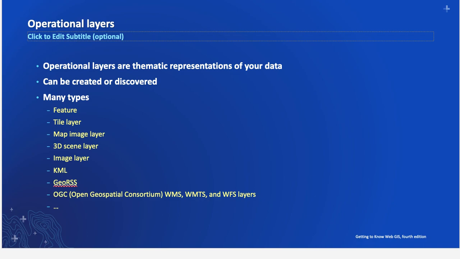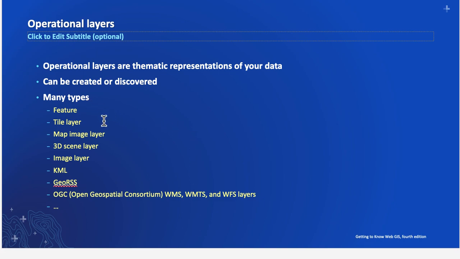And operational layers are thematic representations of your data. They can be created or discovered. So you can use existing layers from ArcGIS Online and ArcGIS Living Atlas of the World as your operational layers. And these layers span a range of subjects. You can also create and use your own operational layers.